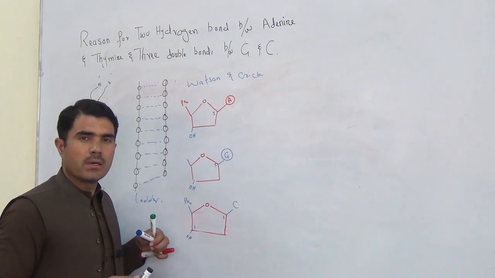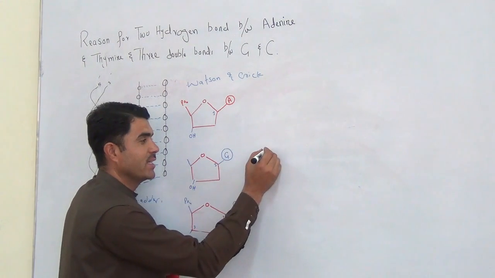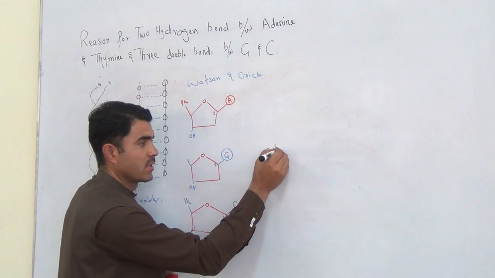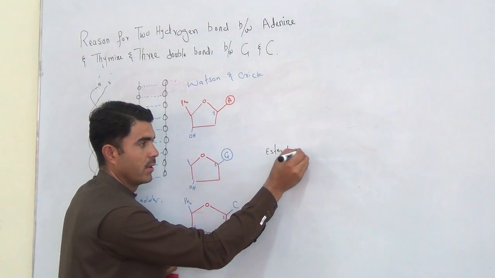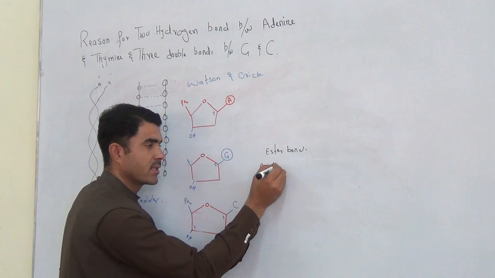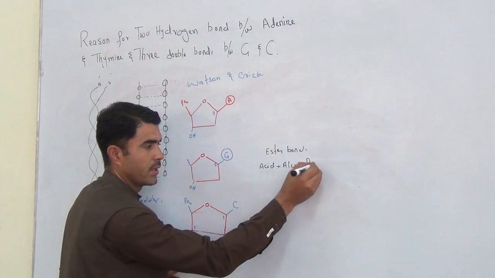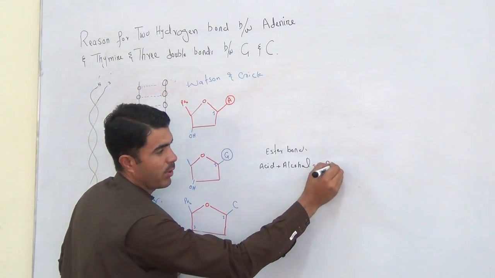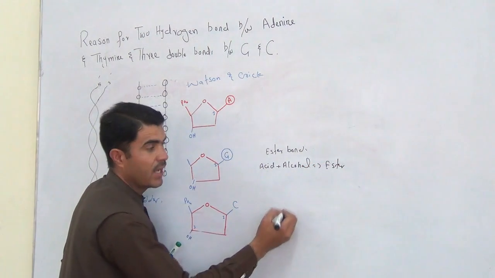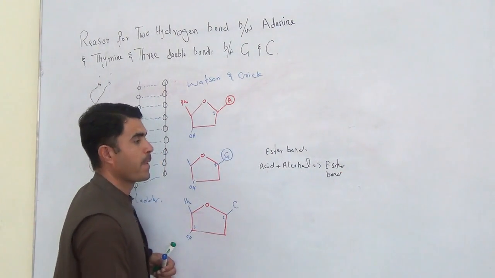I hope you know the ester bond. What is this? When an acid combines with alcohol, then a new compound is formed called an ester, and the bond is called an ester bond.